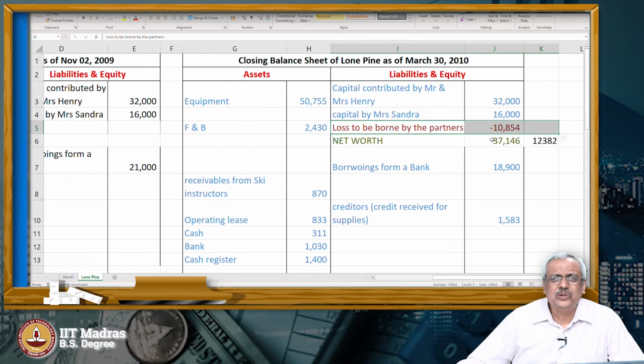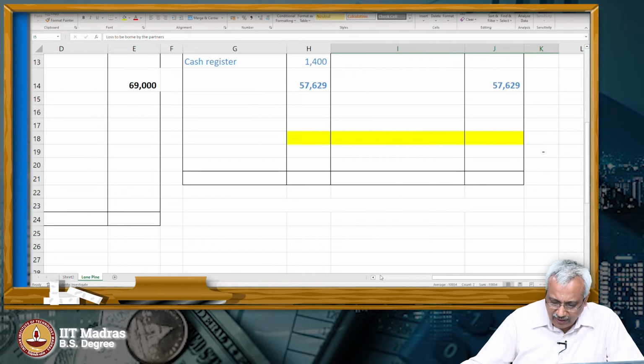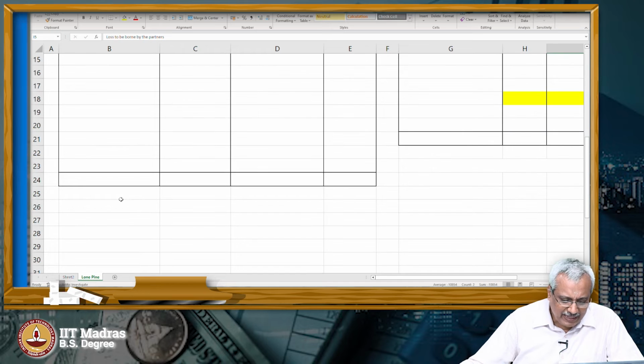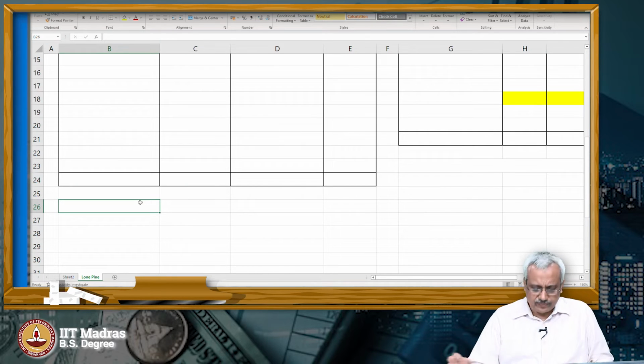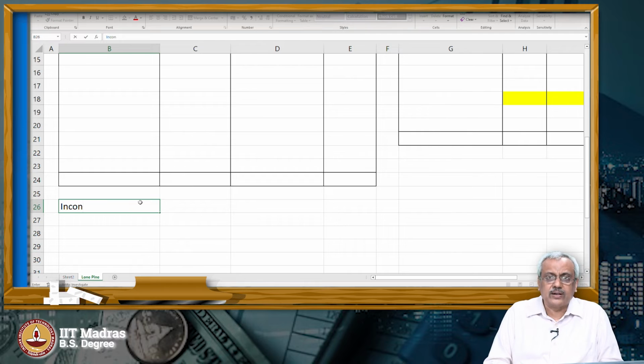What did the company do to make this loss? What was their revenue? What was their expenditure? We need to look at it. So, we look at the next statement called the income and expenditure statement, or profit and loss statement, whichever way you call it.